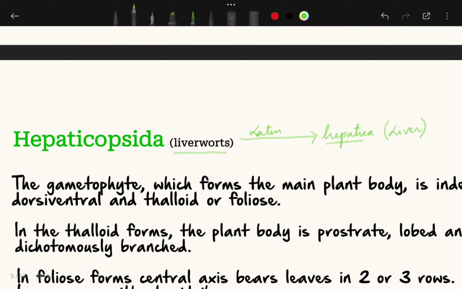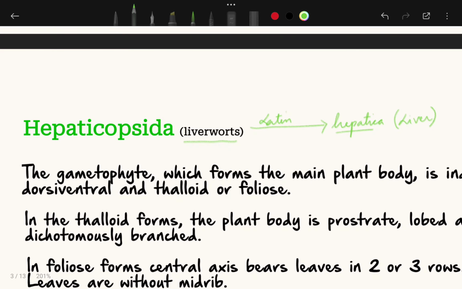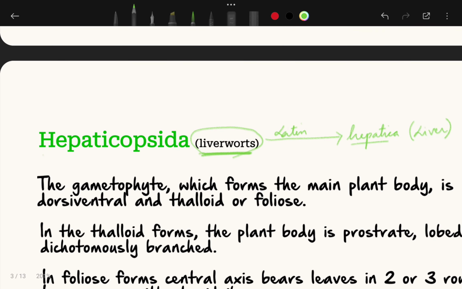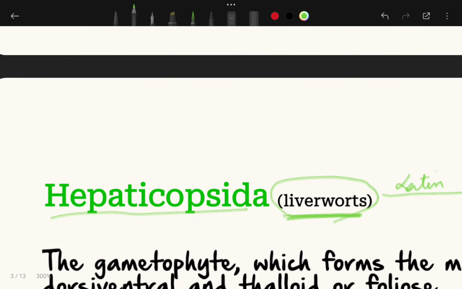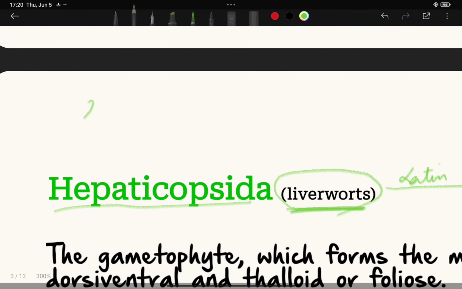Okay, so the reason why they are known as hepatica is that these plants, liverworts, were used in the treatment of liver disorders, and this is the reason why they are commonly known as liverworts. Okay, so this class Hepaticopsida is represented by 280 genera.